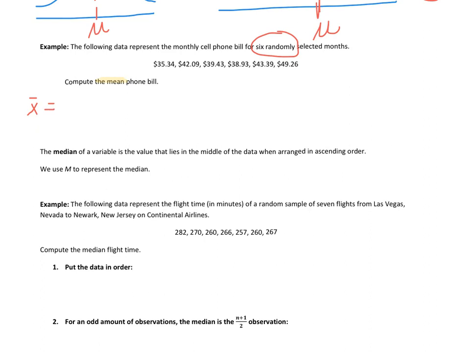And we're going to add up all 6 of these values. So you can take out your calculator and add them all up. Hit enter. After you hit enter, divide by 6.